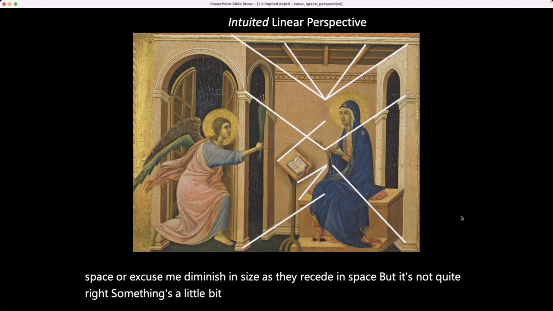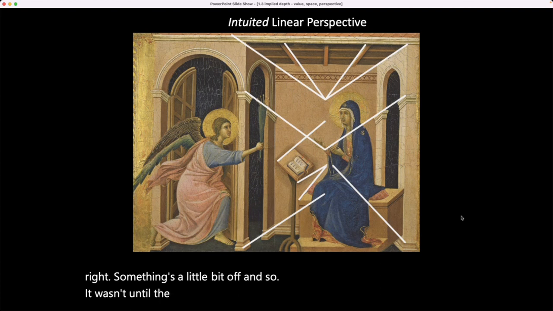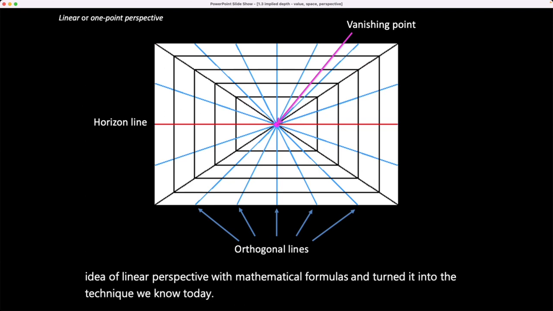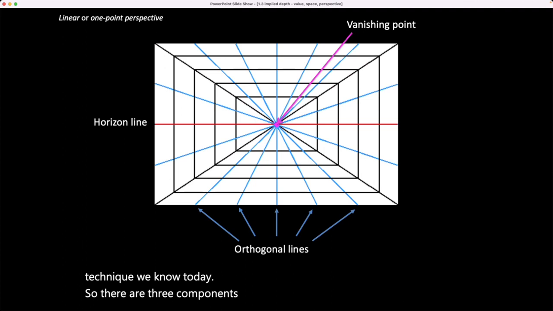And so it wasn't until the 15th century that architect Filippo Brunelleschi codified the idea of linear perspective with mathematical formulas, and turned it into the technique we know today. So there are three components in all linear perspective: a horizon line, a vanishing point, and orthogonals.